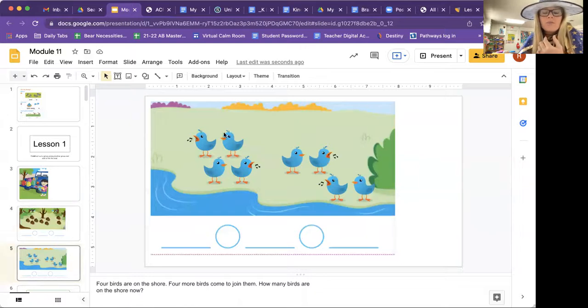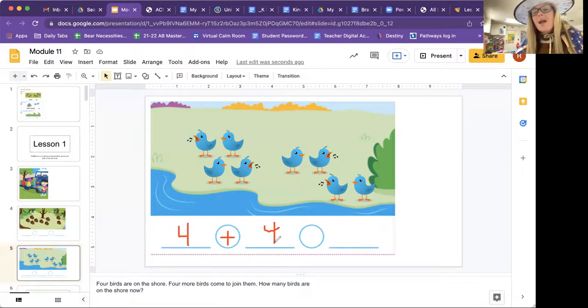So let's look. How many birds were there to begin with? 4. And what sign am I putting in here? Plus or minus? Addition or subtraction? Add to, take away. Which one? You're a smart cookie. My goodness. Yes. 4 plus, how many more? 4 more.